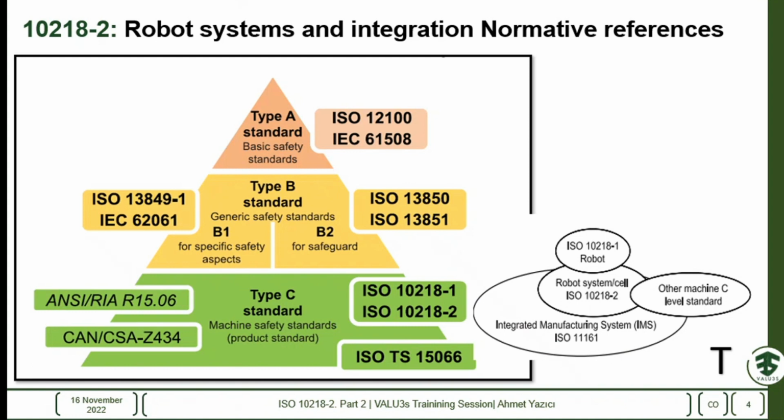When you look at the upper part of the pyramid here, there are some basic safety standards that are referred to by other standards in the middle part too. So you can find some sections that refer to these standards during implementation of the standard that is the topic of today.